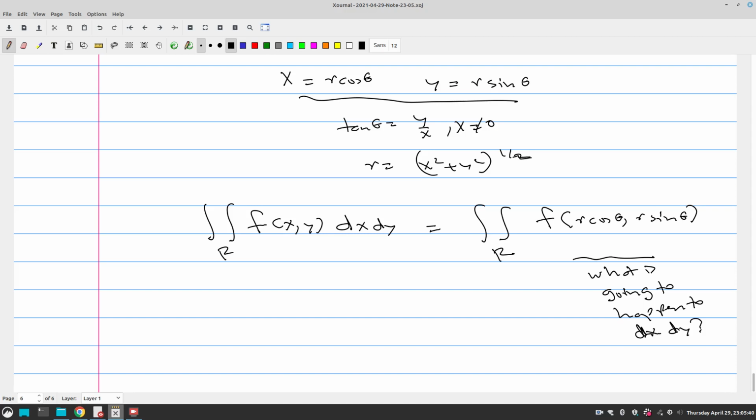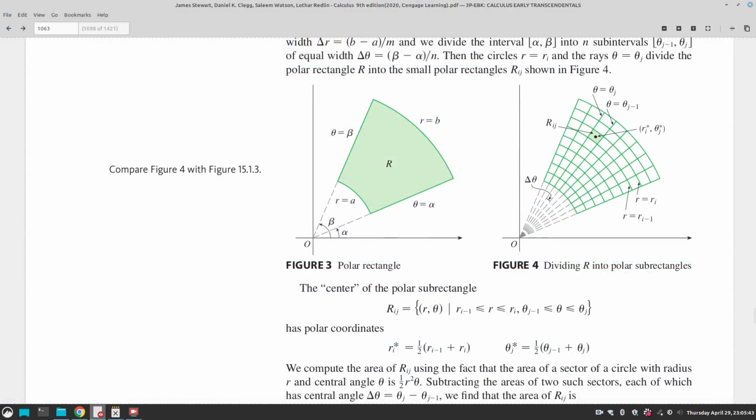Now, the way to do this is to first look at a polar rectangle. A polar rectangle, a rectangular region in polar coordinates, is one that is bounded by constant theta and constant r, something between r equals a and r equals b, and theta equals alpha and theta equals beta. So it's this green region R, and that green region R can be broken up into smaller sub-rectangles.